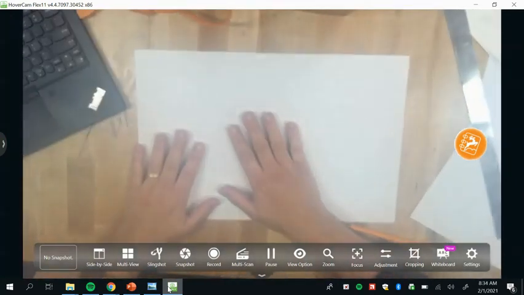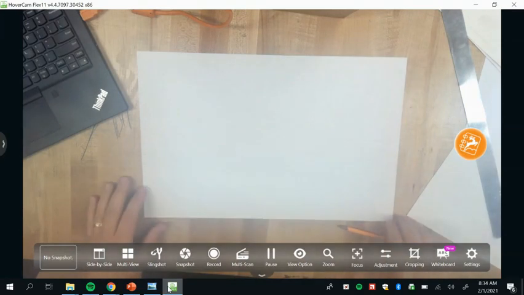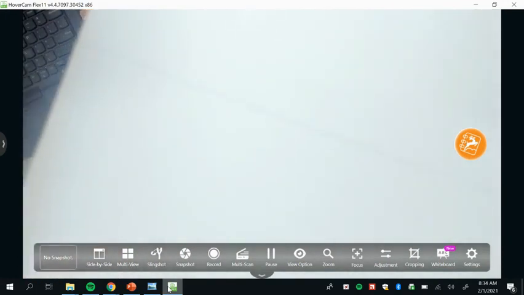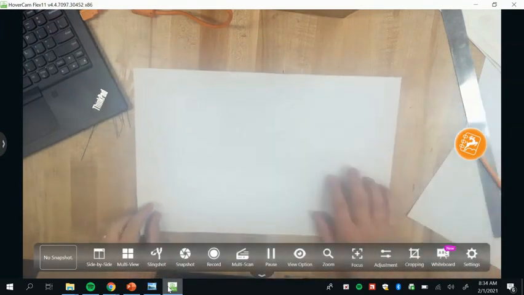It's all fuzzy too. I hate the focus on this thing. But if we look close enough, you can just barely see the line that I drew. So it's there.